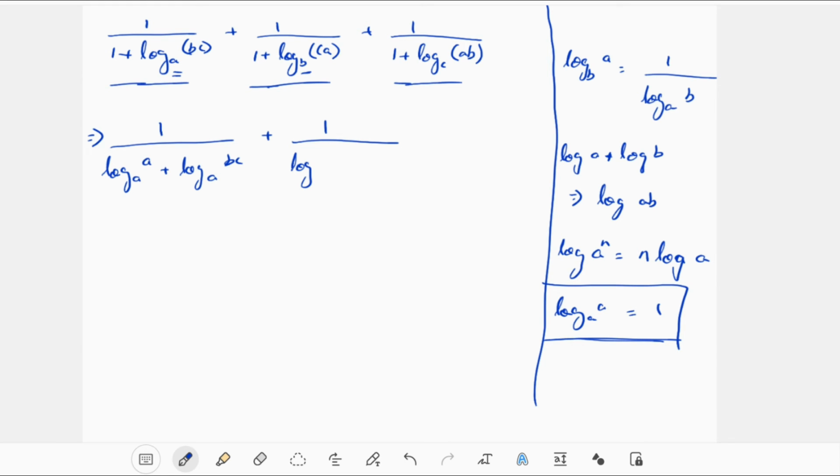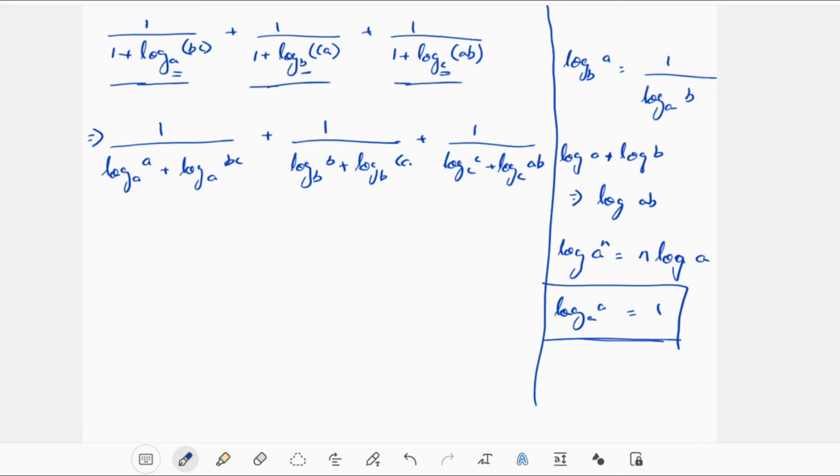Log of CA to base B is there. So I want the same base here also: log of B to base B plus log of CA to base B. Same way, for the third term, the base is C, so I want log of C to base C plus log of AB to base C.